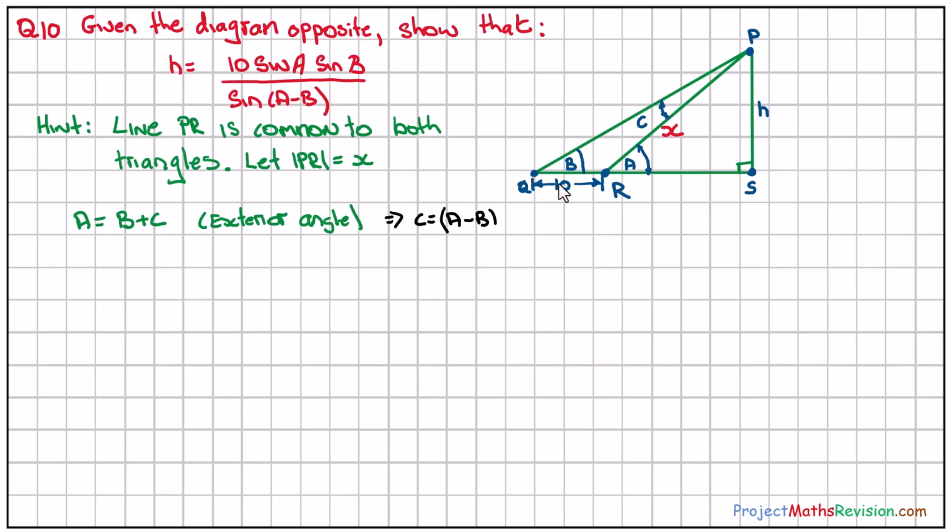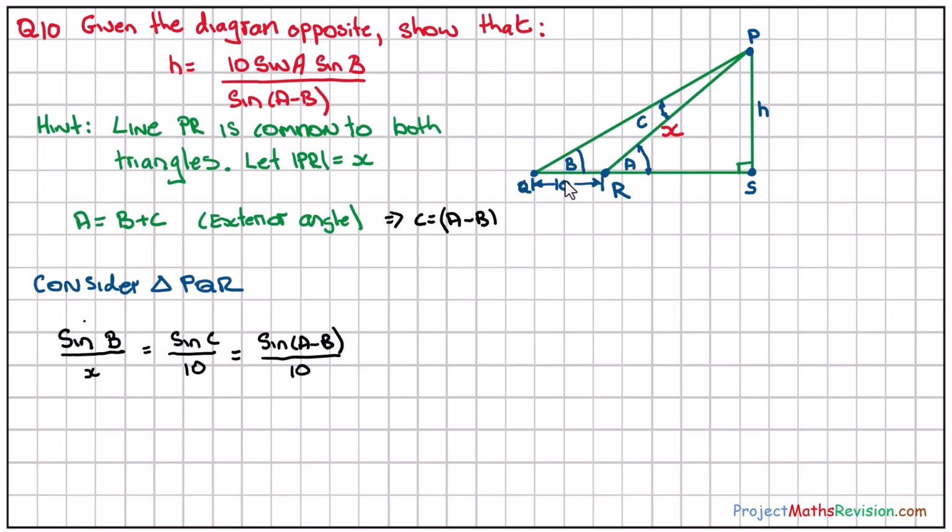Okay, so if we consider this triangle PQR first, because we have a side length here, we could use the sine rule. So we could say the sine of B over X is equal to the sine of C over 10.